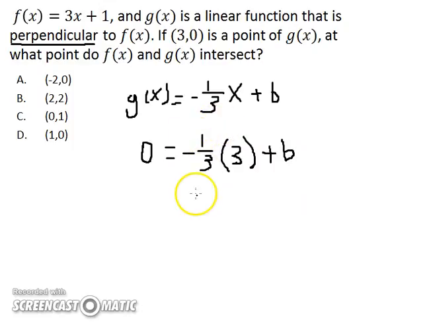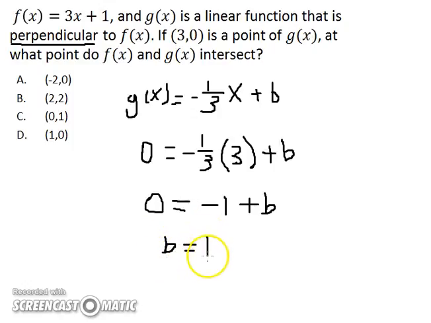Negative 1/3 times 3 is negative 1. And we add 1 to both sides. We get b equals 1. So our equation up here becomes negative 1/3 x plus 1.